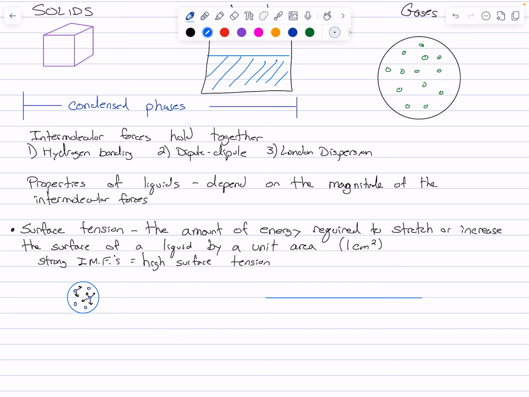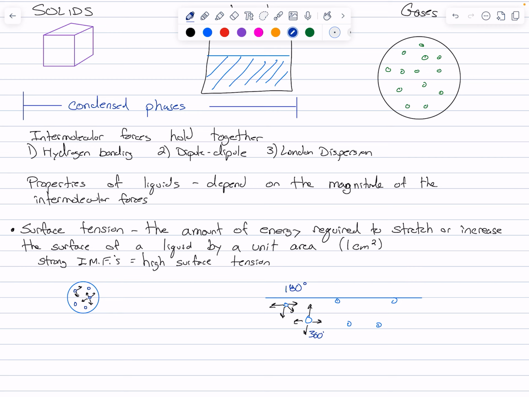Because if we look at the water here, there's some on the surface and some in the middle. In the middle, I have intermolecular forces going each way. However, on the surface, I can only go 180 degrees. So on the surface, it's 180, sorry about that, and down here, it's 360 degrees.